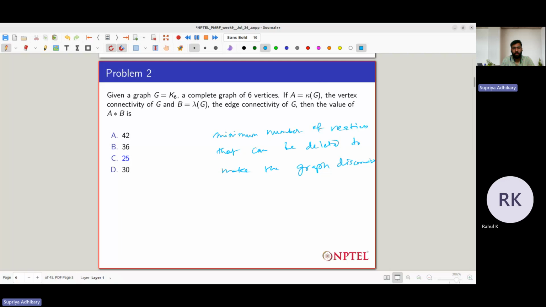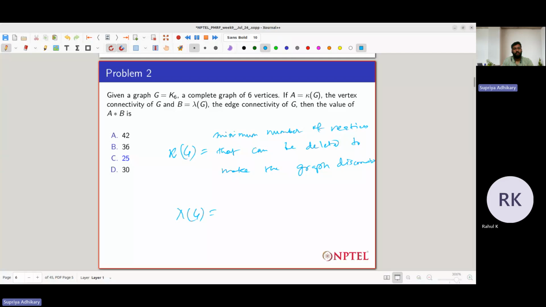So this is our kappa of G, that is the vertex connectivity. Similarly, we have lambda of G, which is the edge connectivity.